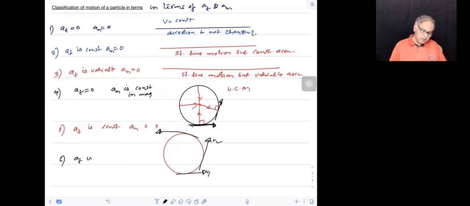But the sixth case can be what? AT is variable. A normal is also variable. So whatever application in kinematics you do, it's just one of these six cases. Of course, here I took only straight line and circular motion.